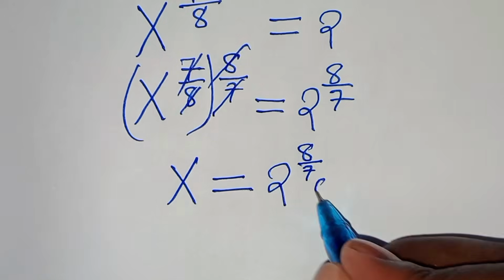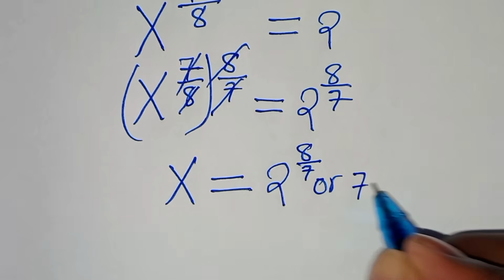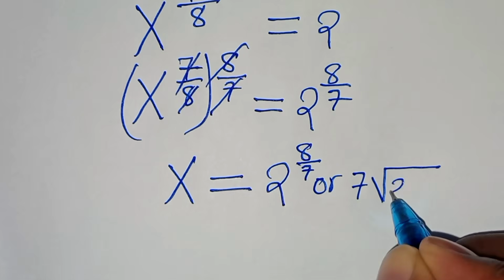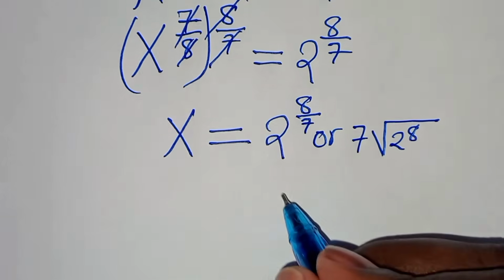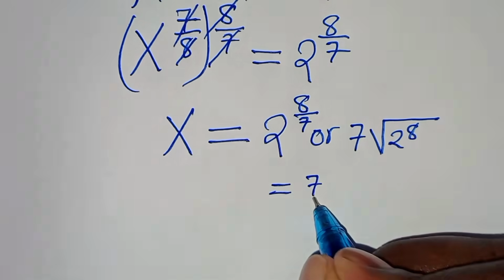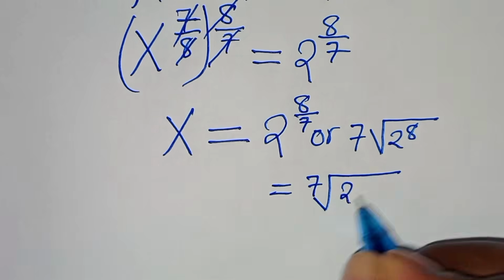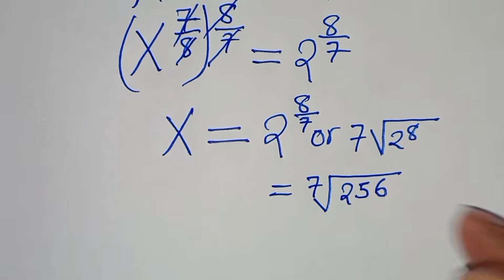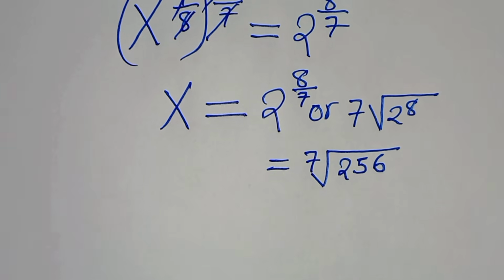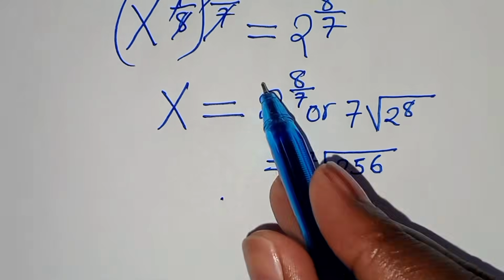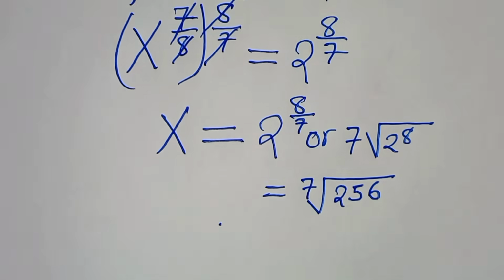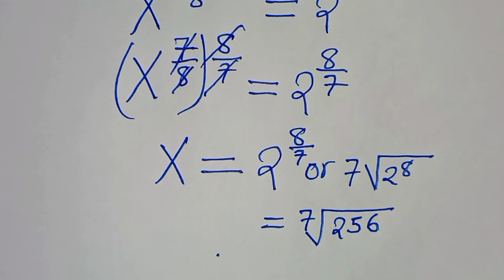Or we can express this as the 7th root of 2 to the power of 8, which is the same thing as the 7th root of 256. So this is the value of x by applying both method 1 and method 2.